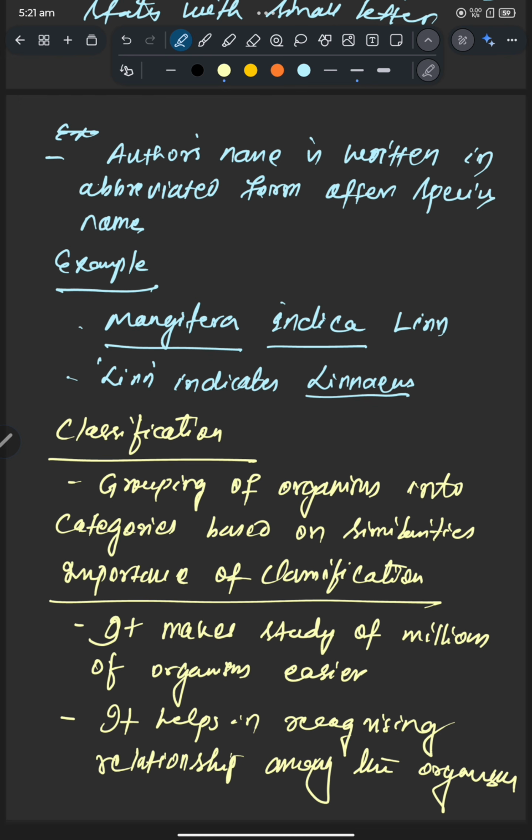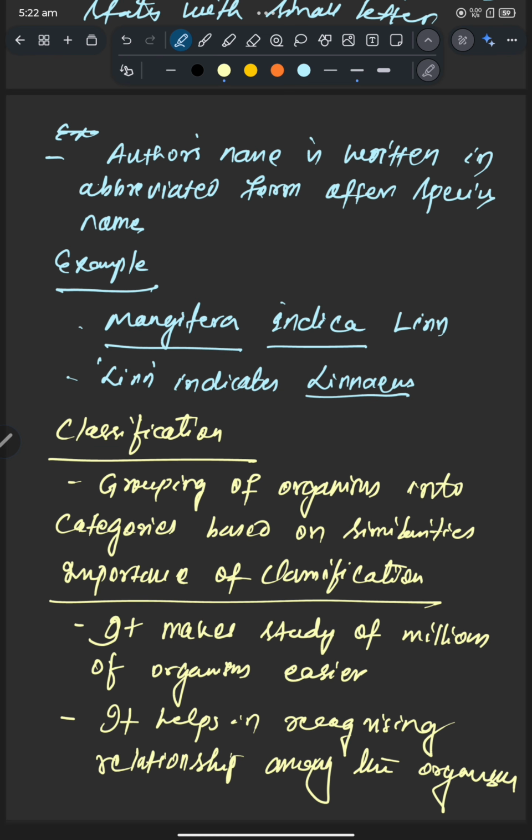We have discussed that there is always some relationship established among organisms and they may function cooperatively, or they may have competition. So unless we classify them, it is not easy to recognize the relationship among them.